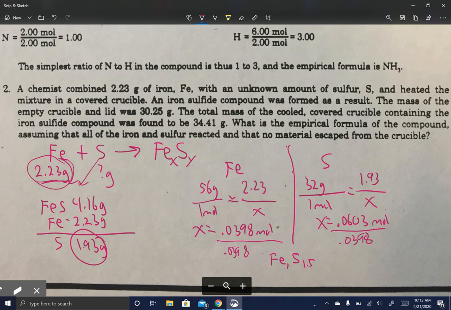So what you have to do is you make these whole numbers, but keep the same ratio. So 1 to 1.5 is the same as Fe2S3. 2 to 3 ratio is the same as 1 to 1.5. So this is not the empirical, this is. Oops, not Fe. Fe2S3.